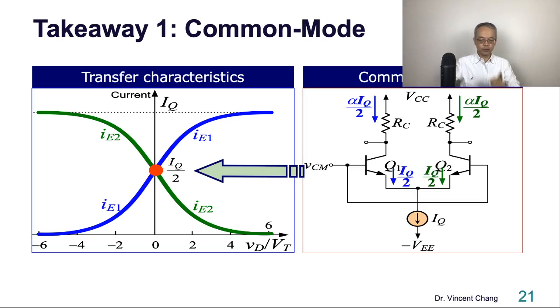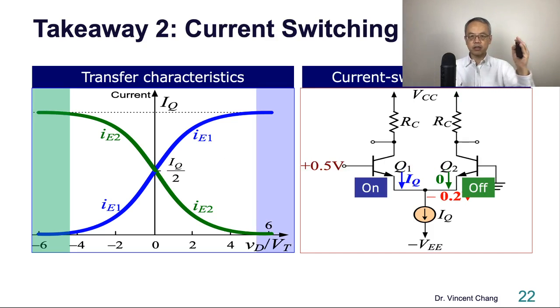Takeaway: three modes of operation. First, common mode. Common mode rejection: the circuit has no response, and even rejects the external signal. The second mode is called current switching mode. If VB1 is much greater than VB2, then the current switches to the left-hand side.